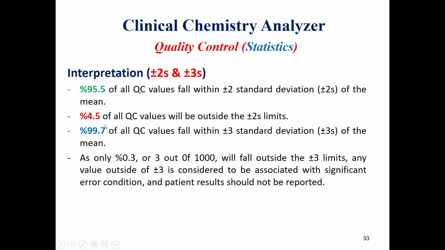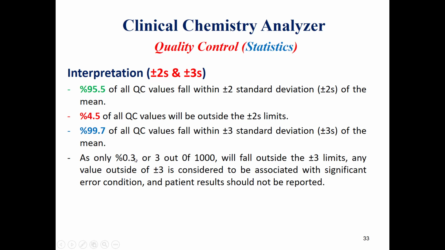Around 99.7% of all QC values shall fall between plus minus 3, whereas in the case of plus minus 2, only 95.5% will fall within this range. So as we said, the decision limits should be plus minus 3 standard deviation distance from the mean, which is preferable.